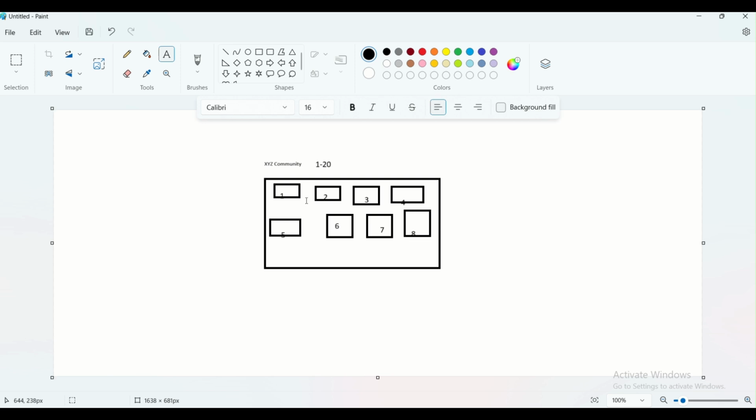So for now, in my community, I have constructed 8 houses, and I have given 8 numbers, and the remaining 12 numbers I'll keep for reserved purpose. In future, if I want to create more, I will utilize the same numbers.